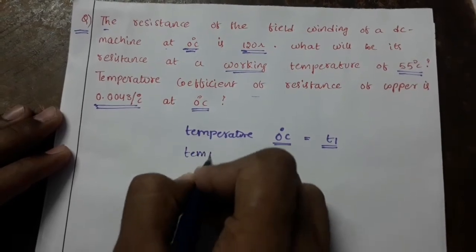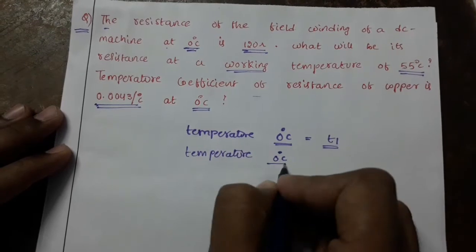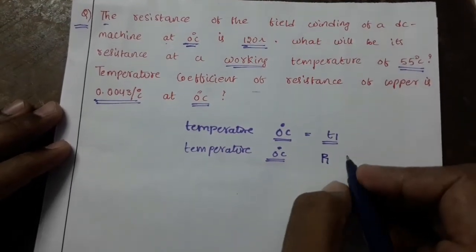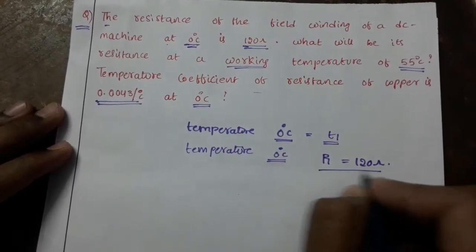Temperature at 0 degrees centigrade, the resistance is 120 ohms. This is R0.